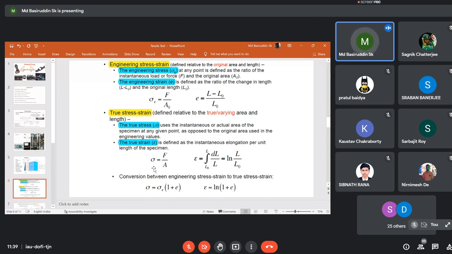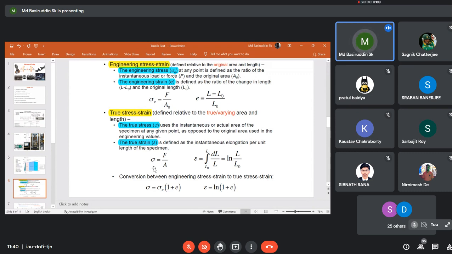Whatever data we generally get from the tensile test, we can represent in two ways. As you said, the stress you can define as the load divided by area. So you can follow this formula throughout the test, from the load level 0 to the maximum load level, that means till the fracture.